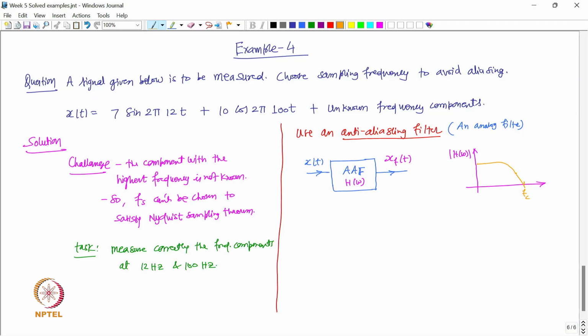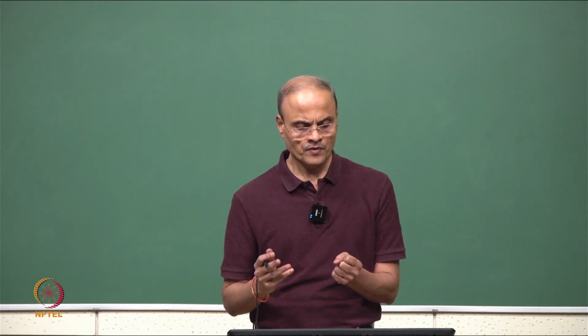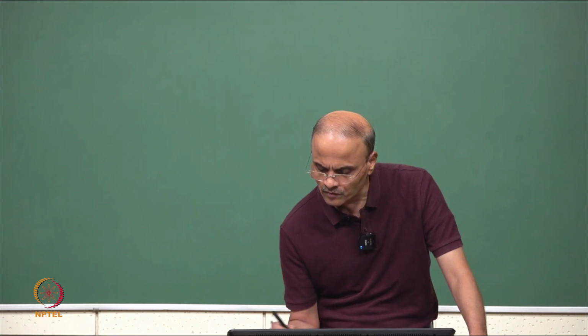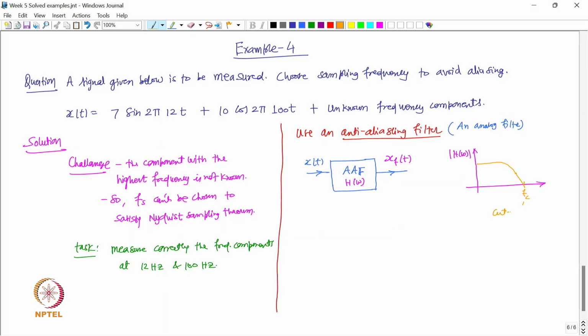The attenuation of the frequency components beyond f c is extremely large. So, f c is something we would like to choose. This is the cutoff frequency.